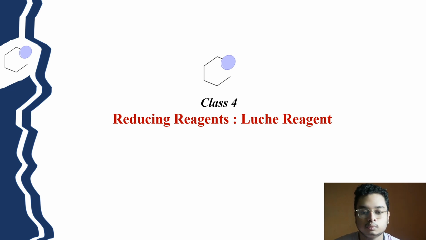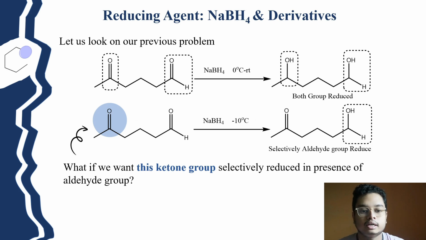Okay, so we begin with our Luche reagent, but before that we have to understand why the Luche reagent is important. For this, let us look at the previous problem that we discussed in our previous lecture.